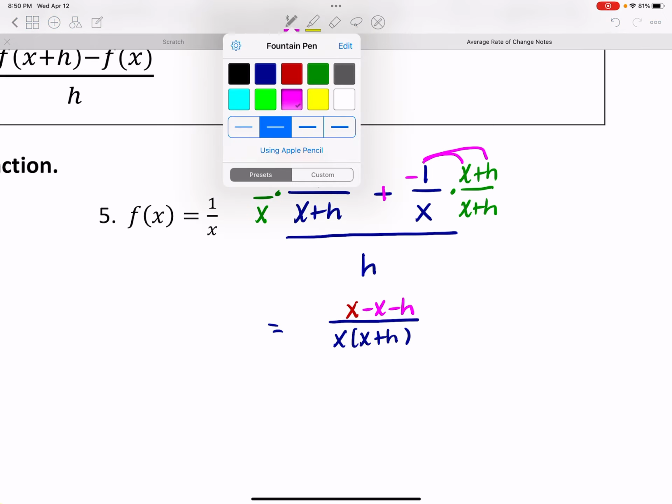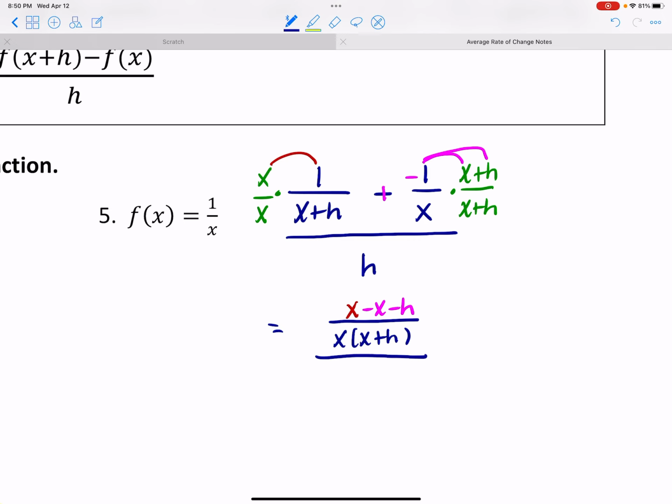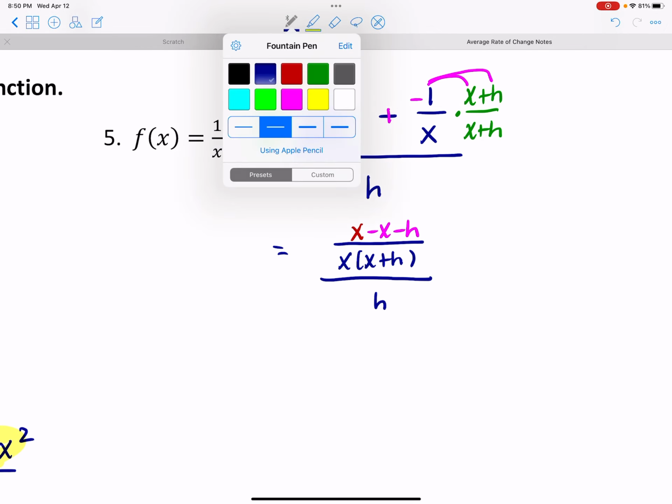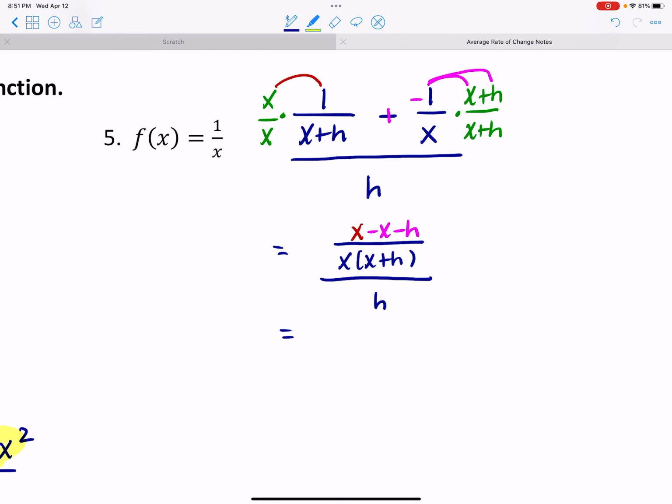And remember, this is all still over the h that's in the denominator of the complex fraction, okay? So I can clean up the top some more, because x and negative x are going to cancel. And so I have a negative h over x times x plus h, and it's being divided by h, which is technically h over 1.